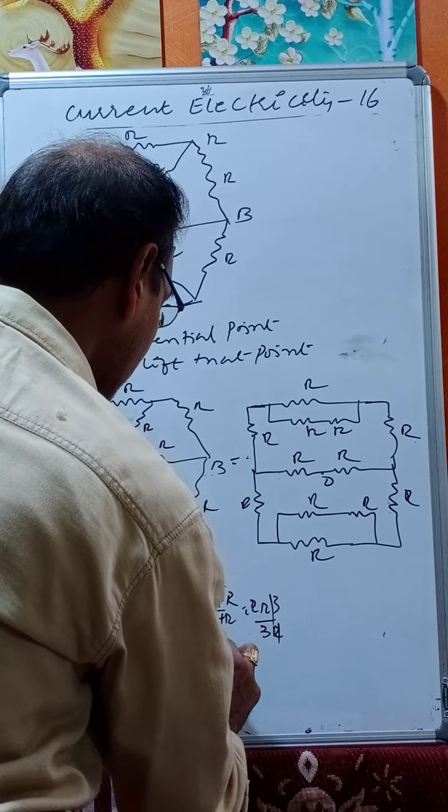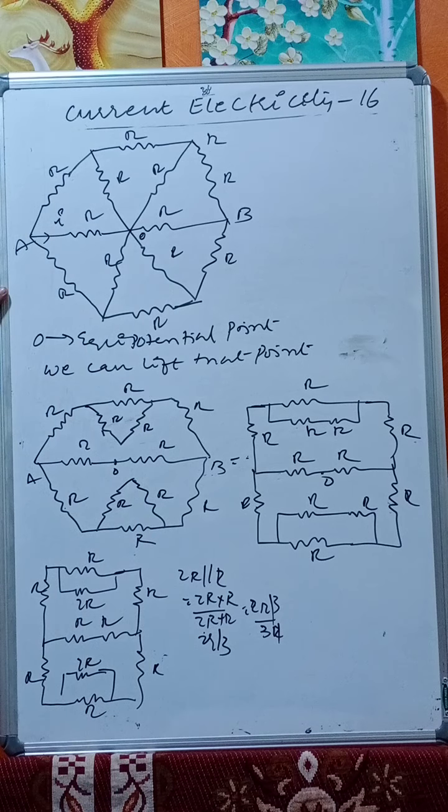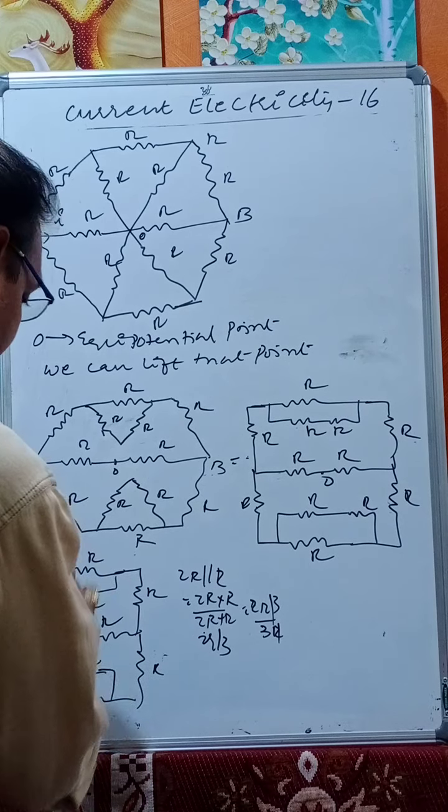This cancels, that is 2R by 3. Now this effect is 2R by 3.